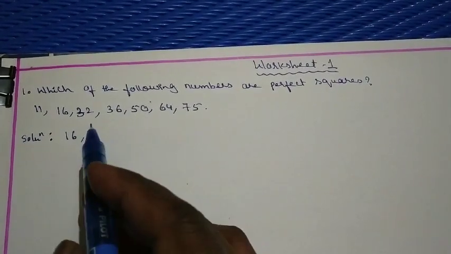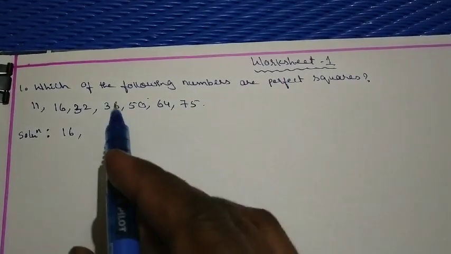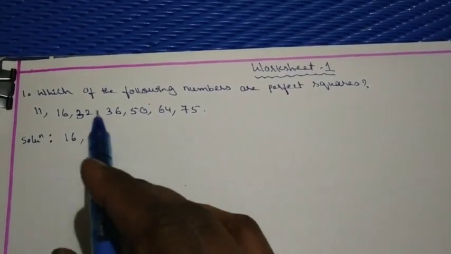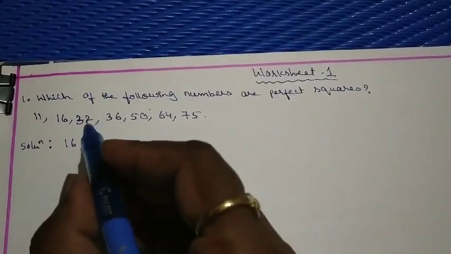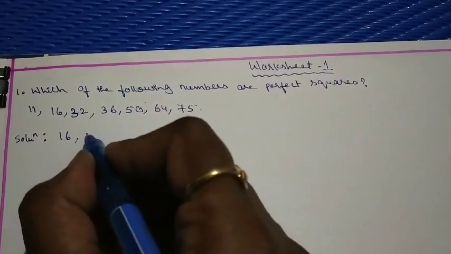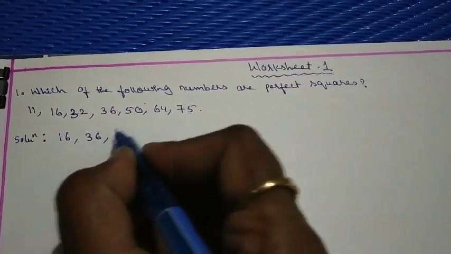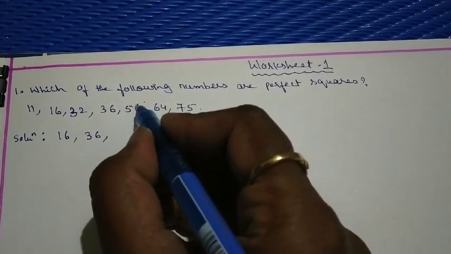32, no, because 6 square is 36 and the previous, 5 square, is 25. So 32 comes in between 25 and 36, and it is not a perfect square. 36 is a perfect square. And 50, no, because it has an odd number of zeros.